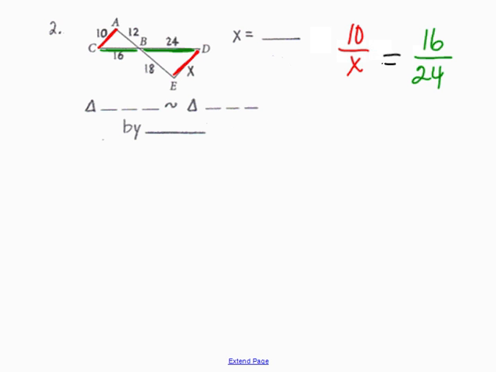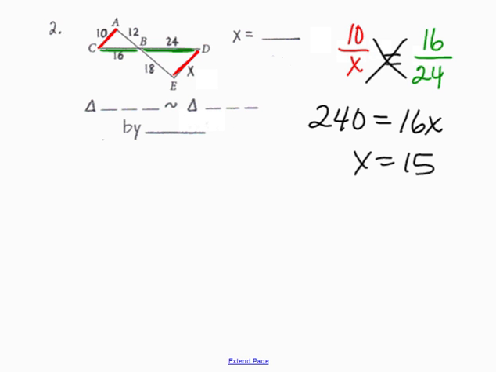And so those equal. Cross multiply. 240 equals 16x. So x equals 15. So if I put that back in this triangle, now we say these triangles are similar. X is 15.